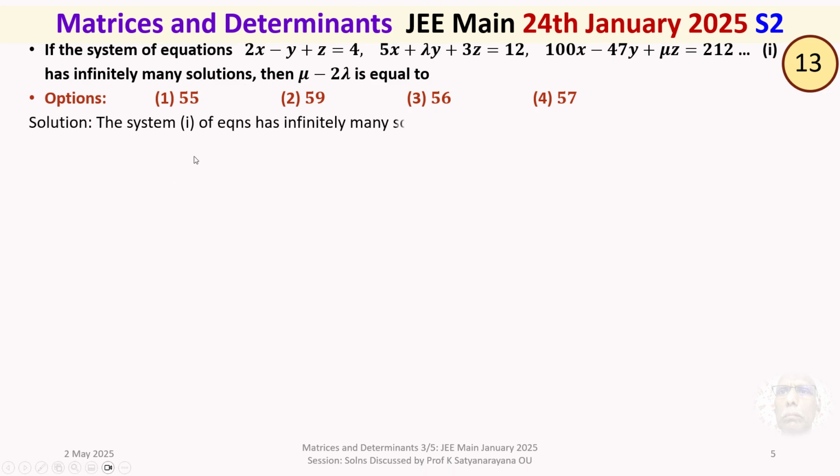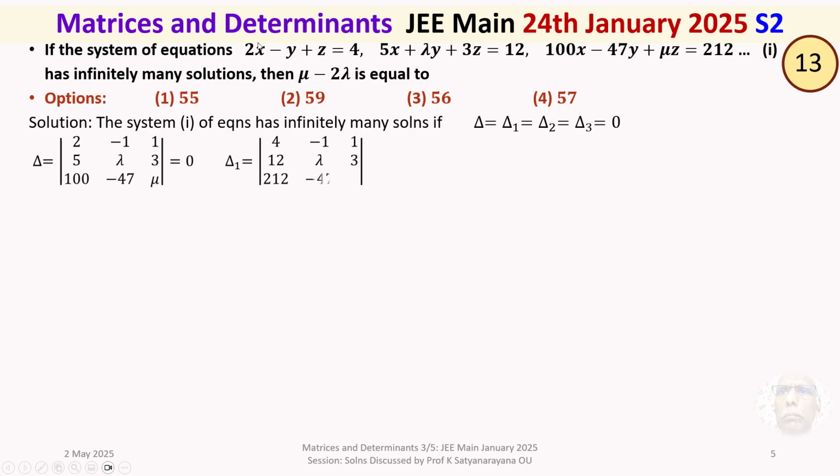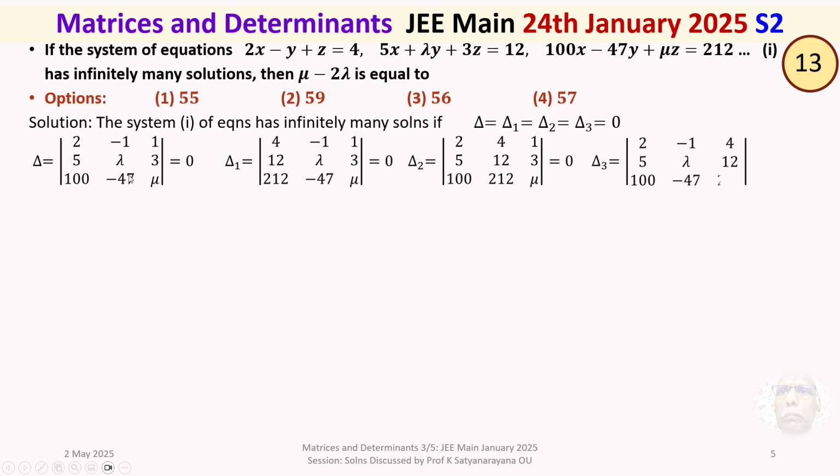We have the system 1 and it has infinitely many solutions. So delta is equal to delta 1 is equal to delta 2 is equal to delta 3 is equal to 0, where delta 1, etc. stand in the usual sense. Delta is the determinant of the coefficient matrix of the system.